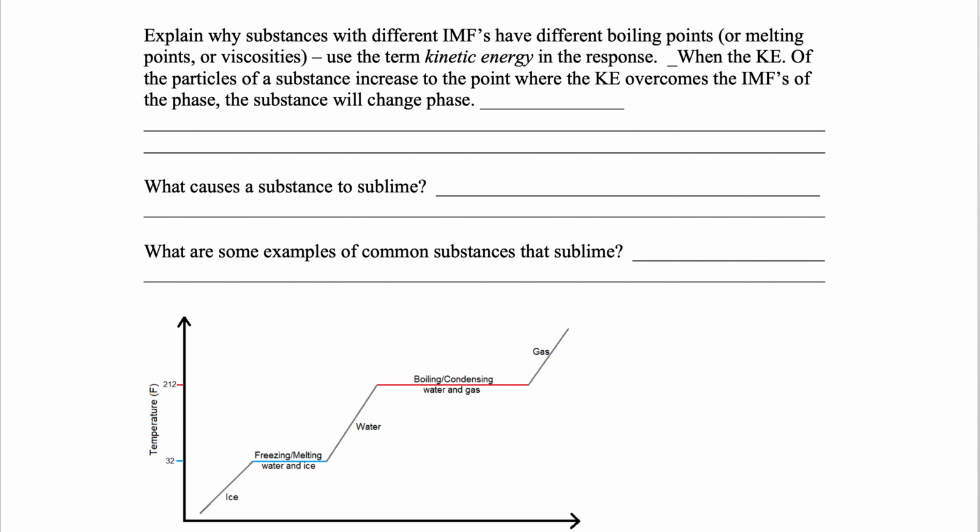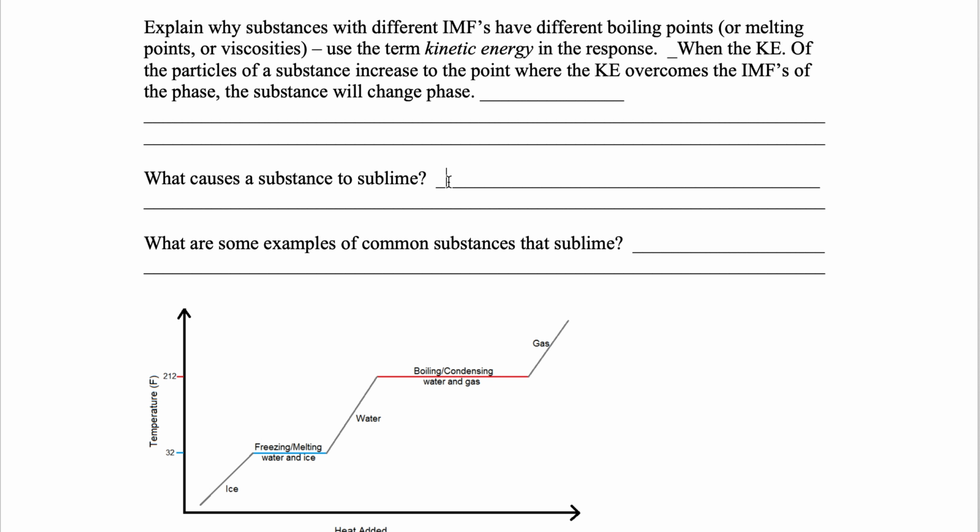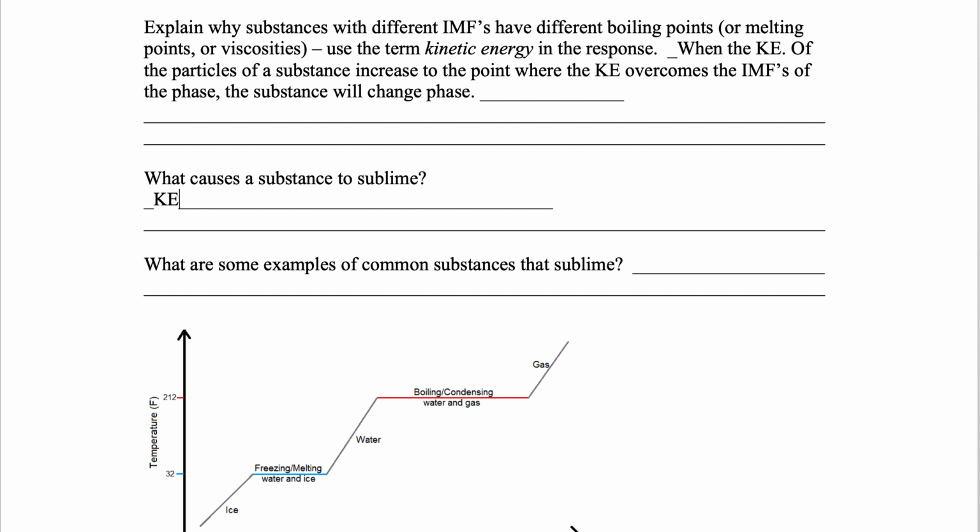Boink. What causes a substance to sublime? Kinetic energy. That would be when the kinetic energy of a particle or a molecule at the surface of a solid gets enough kinetic energy to overcome the forces of attraction of its neighbors, it will leave the solid and turn into a gas.